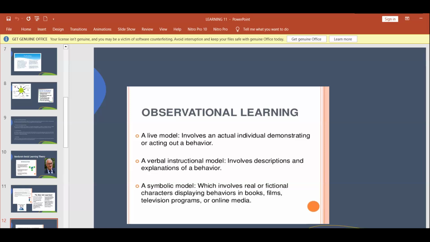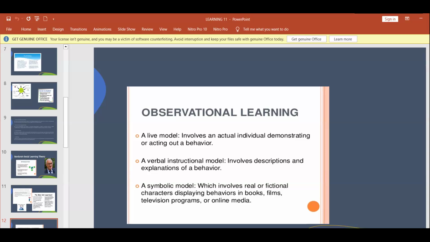That is another model that we imitate and then learn. They are verbal instructional. Then the symbolic model. Symbolic models involve real or fictional characters displaying behaviors in books, films, television, and online media. Sometimes we observe them and we imitate them.